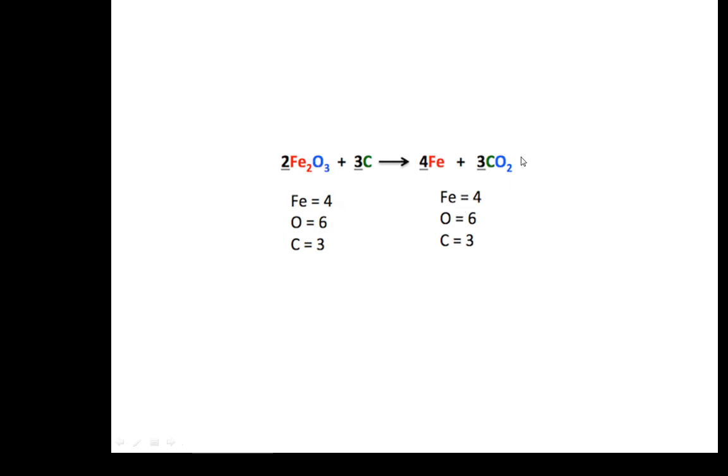O3, here O2 is there, so we have to take 2, then the oxygen atoms will be 6, so we have to take 3 here, O2 means 6, overall 6 oxygen will be there. So Fe4, O6, C3 on both sides. So in this manner you have to balance your chemical equation.